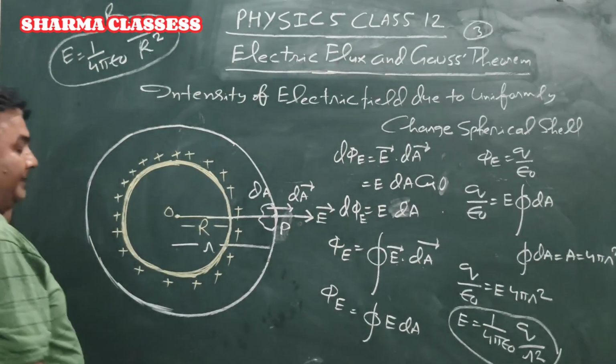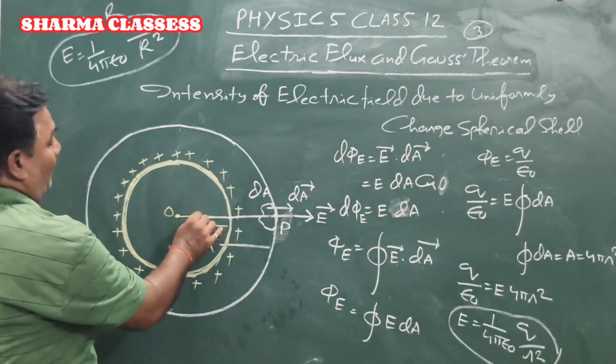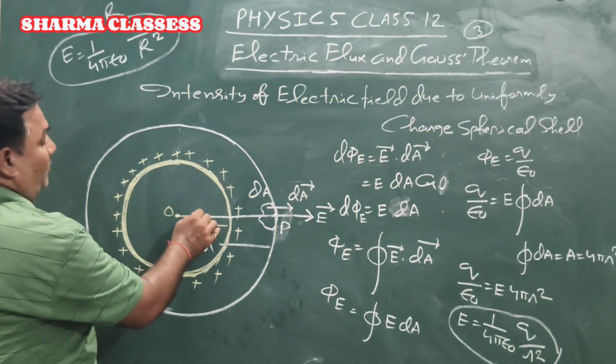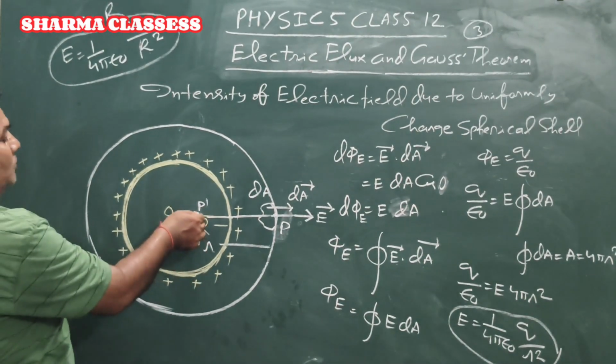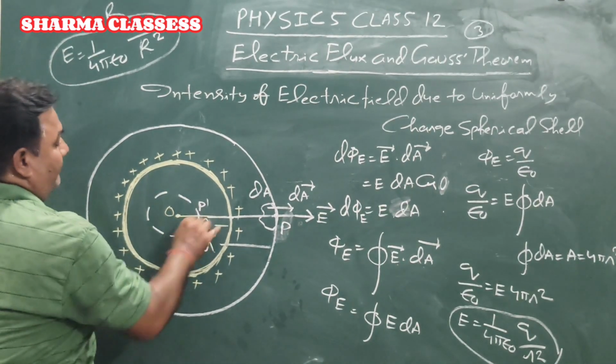But when we find out the intensity of electric field inside at any point, suppose this is point P dash which is inside, and we draw a closed surface passing through P dash taking O as a center.